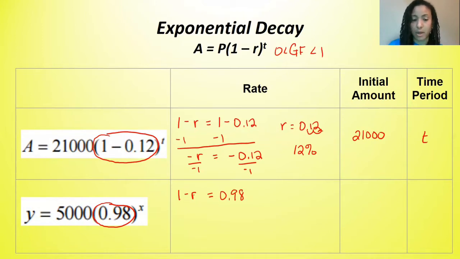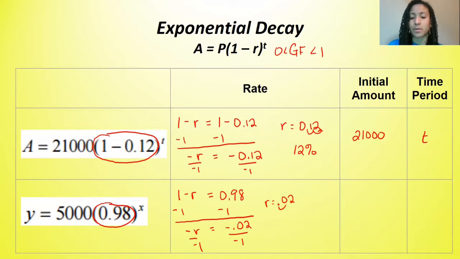We have to get r by itself, so we subtract 1 from both sides. So we have negative r equal to negative 0.02. Right? Once again, we cannot have a negative variable, so we divide both sides by negative 1. So we're left with 0.02.